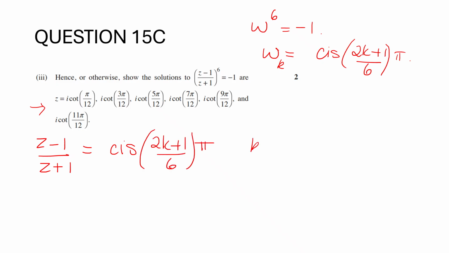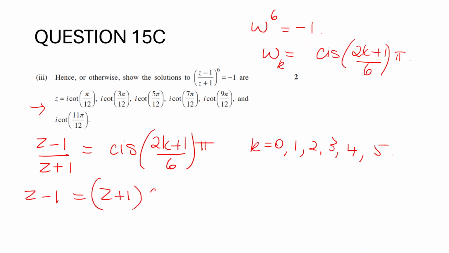And k is equal to 0, 1, 2, 3, 4, and 5. Now, that means that z minus 1 is equal to z plus 1 times cis of (2k plus 1) on 6 pi.